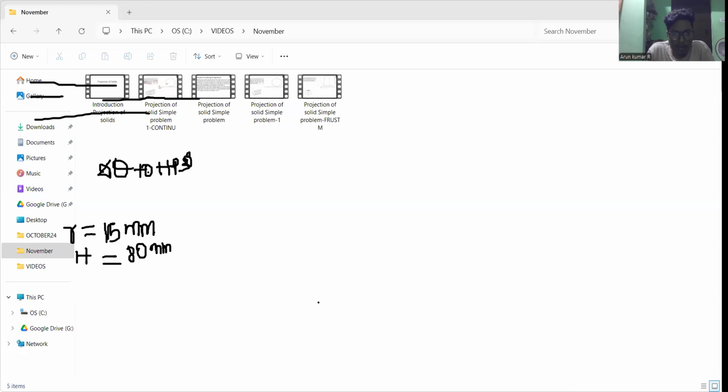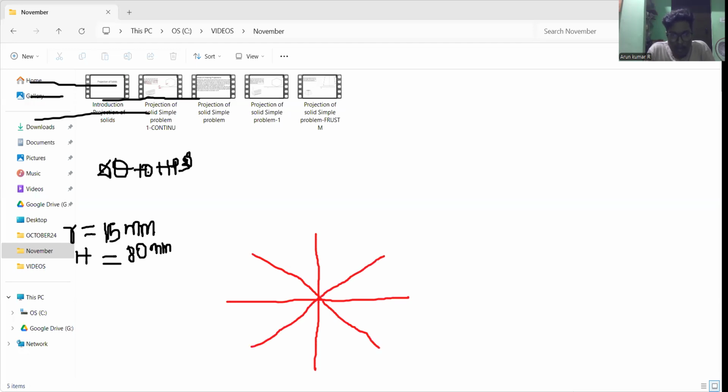Here is my imaginary line one, this is my two, this is my three, and this is my four. Consider these lines as imaginary, and extend this line and this line as well.